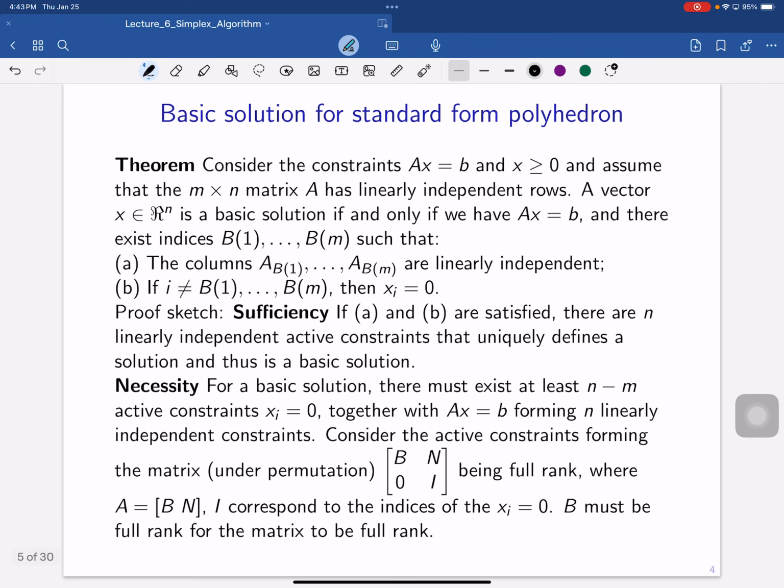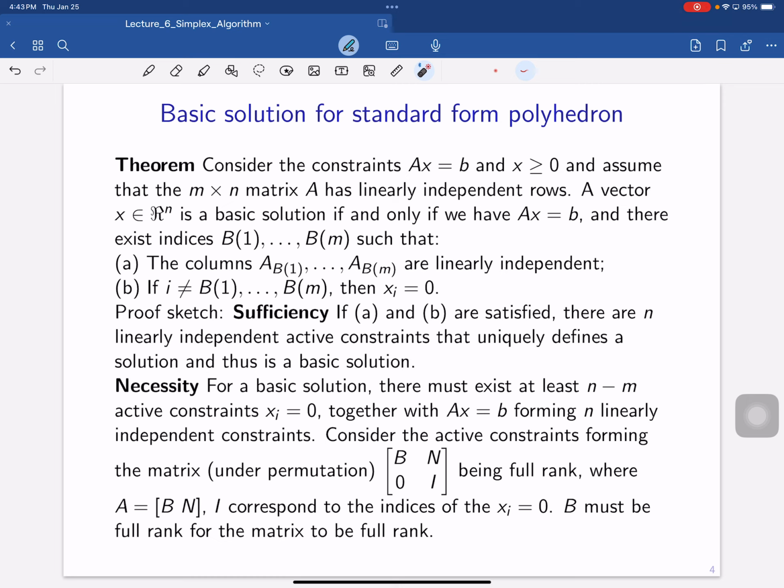You can show this, let's say, first of all, we have a proof sketch. It's not a completely rigorous proof. To check the sufficiency, if A and B are satisfied, then clearly they are n linearly independent active constraints, right?